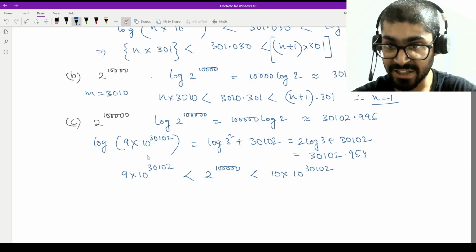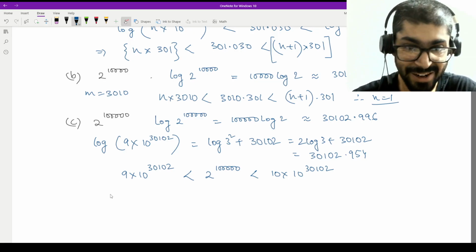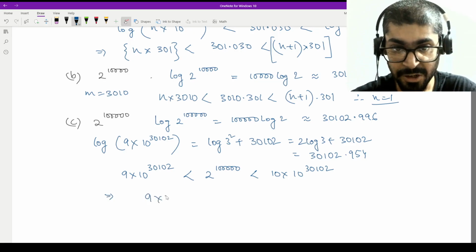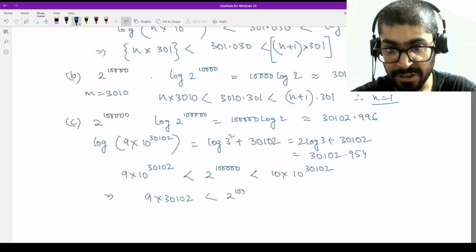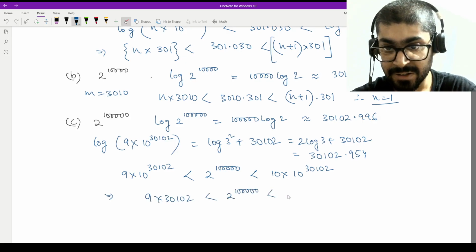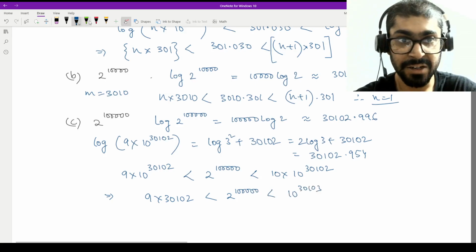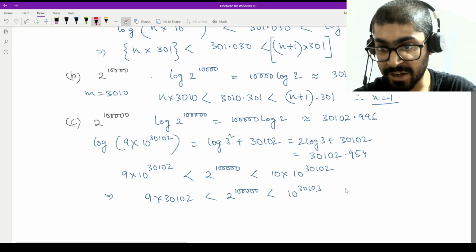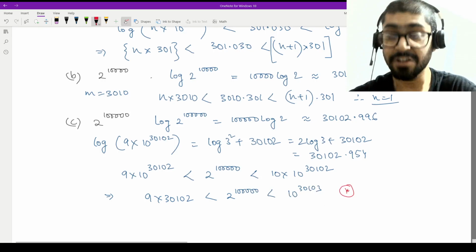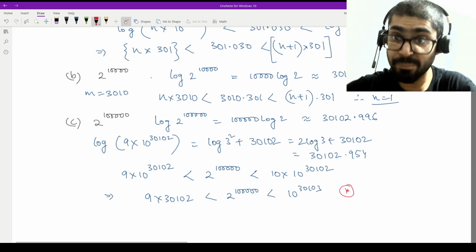Following the same logic as above, but here since I am multiplying by 10, I can just write 9 into 10 to the power 30102 less than 2 to the power 100,000 less than 10 to the power 30103. This is the step that they will likely want to check in your final exams, whether you have correctly identified that here we are jumping integers.